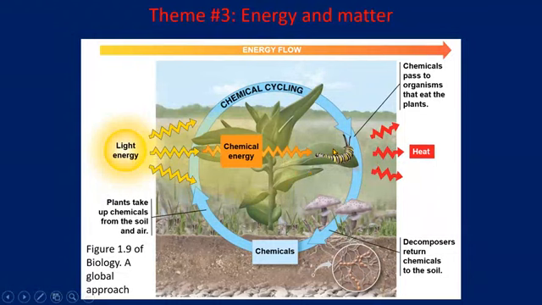When the plant is eaten by, let's say, some moth or some other organism, that chemical energy is passed through the different organisms, and part of the light energy is also getting converted into heat. But when the plant or organism dies, it will decompose, and then it will return in the form of nutrients.